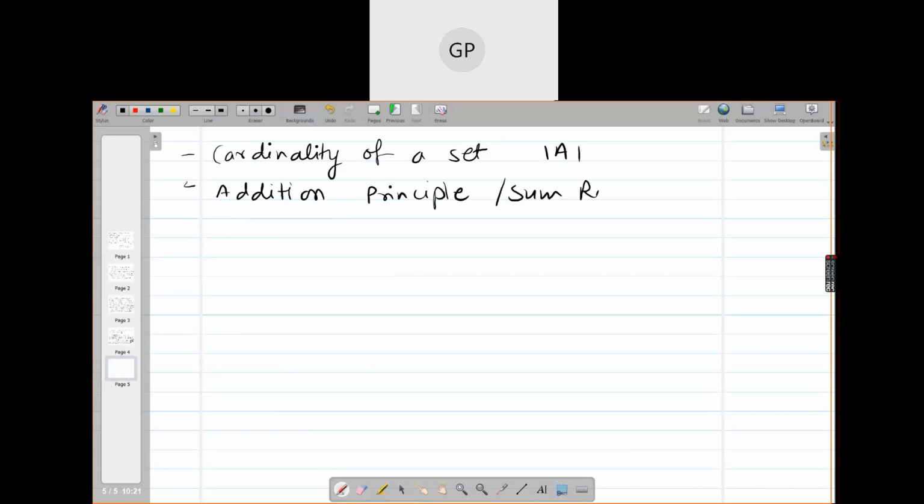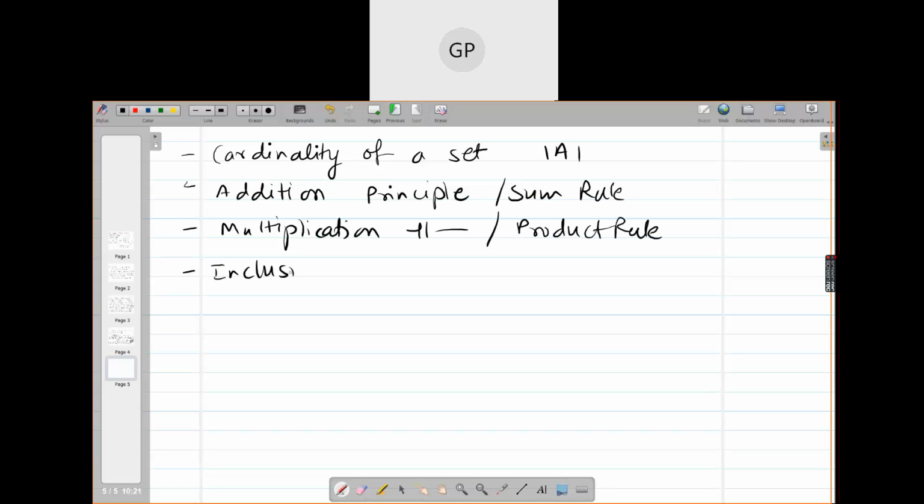Then we had multiplication principle or product rule. Then we had inclusion exclusion principle for 2 sets and 3 sets, and for n sets also we had a corollary.